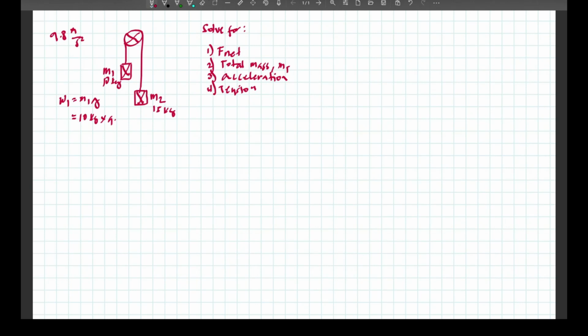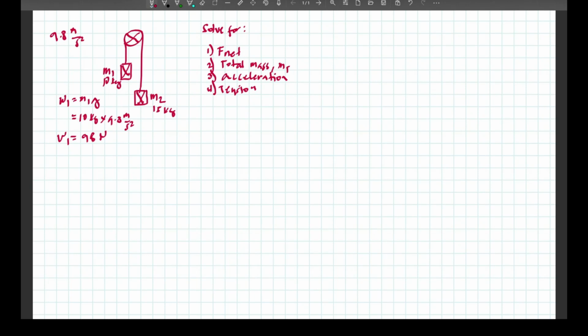So that will give us 10 times 9.8, it's 98 Newtons. So take note that the unit for weight is Newton because weight is also a force. Alright, so that is our weight number 1.